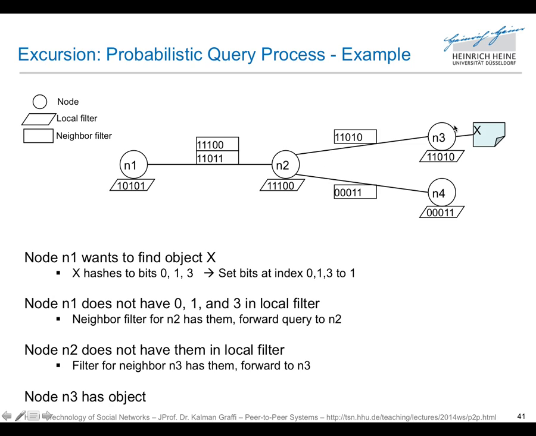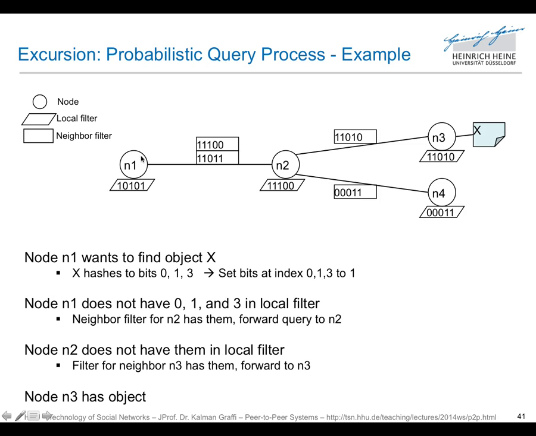What they do is they send to N2 their Bloom filters of level 0, N2 calculates its Bloom filter of level 1, and from the perspective of N1, this would be the Bloom filter of level 1, so the union of all of its neighbors, so only 1, 1, 1, 0, 0.